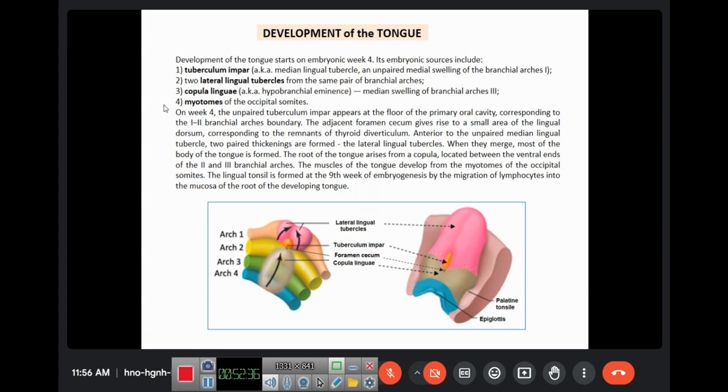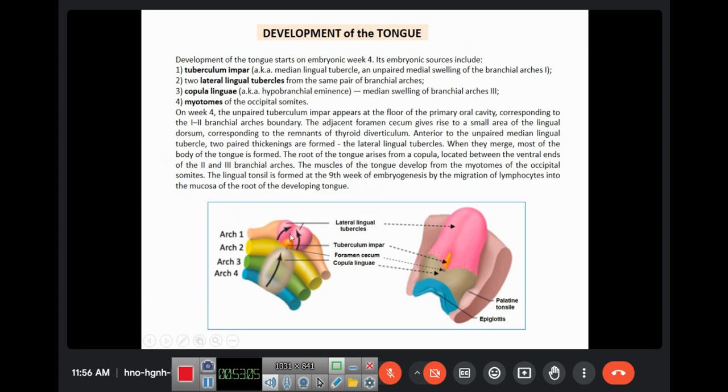So, starting from week 4, the unpaired tuberculum impar start to develop on the floor of the primitive oral cavity, and the adjacent foramen cecum gives rise to a small area of the lingual dorsum. Anterior to the unpaired medial lingual tubercle, the lateral lingual tubercles are formed.